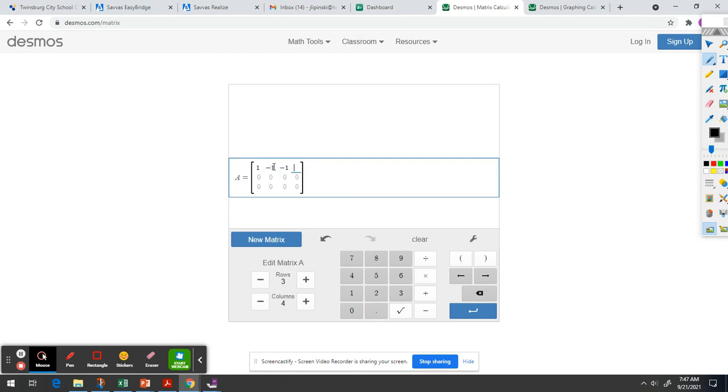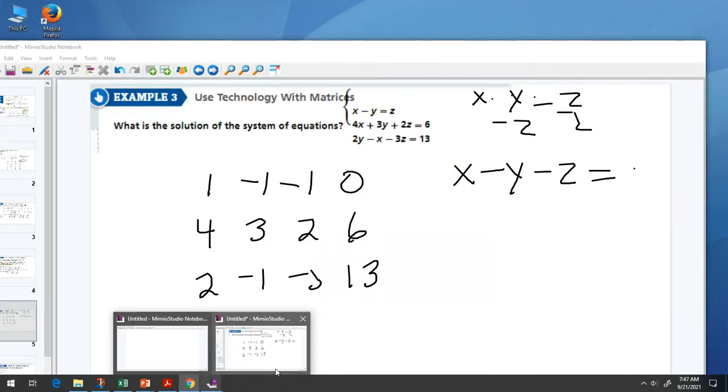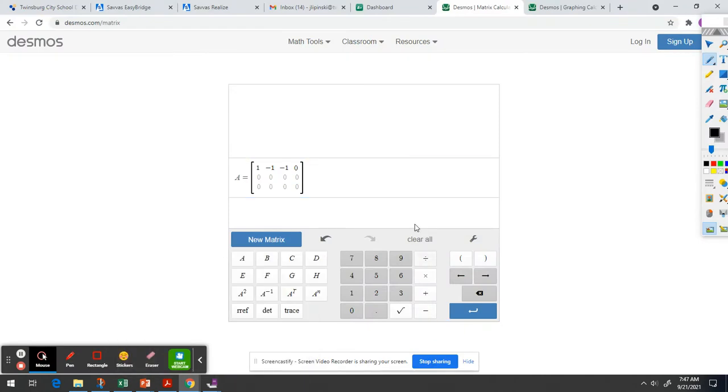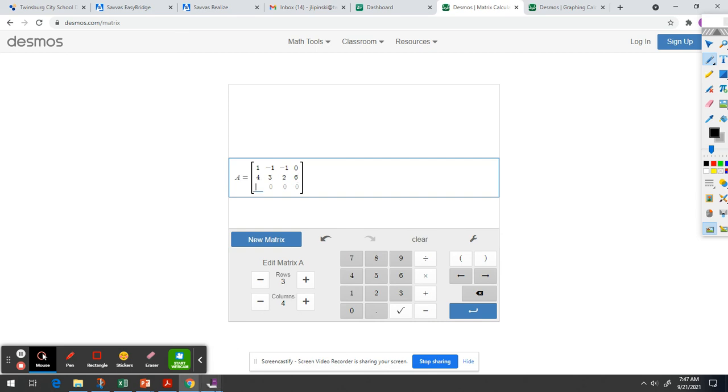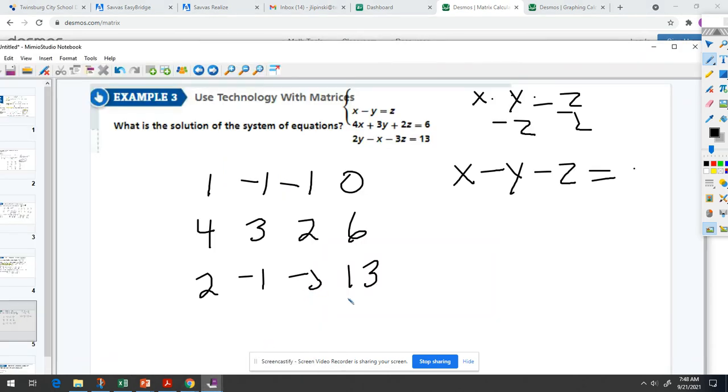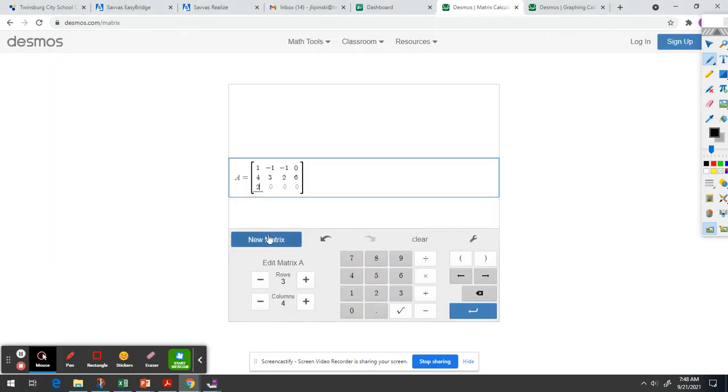I'm going to go down to the next line, and I'm going to enter in 4, 3, 2, 6. I'm going to enter in the next line, which is 2, -1, -3, 13.